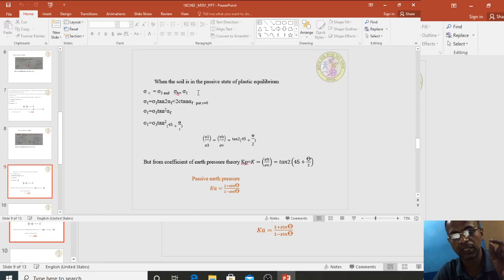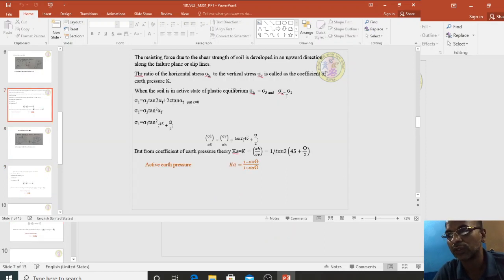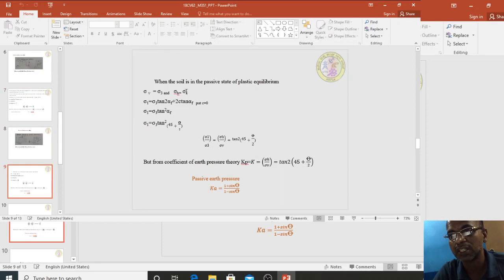So in the active earth pressure condition, sigma 1 is equal to sigma v. In the passive earth pressure condition, sigma 1 is equal to sigma h. You can see here, sigma 1 is equal to sigma h.